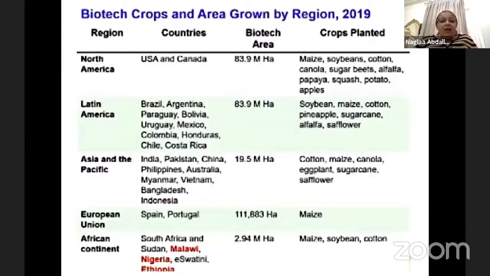In North America, they have different crops like maize, soybean, canola, sugarcane, papaya, and so on. Latin America also has different crops. In Asia and Europe, those are examples of different crops cultivated. In Africa, we have only maize, soybean, and cotton. In Europe, they only have maize.